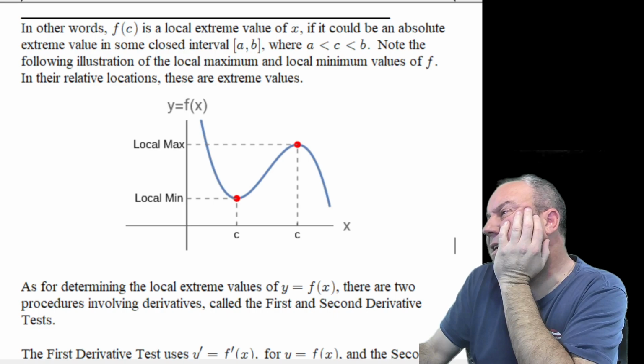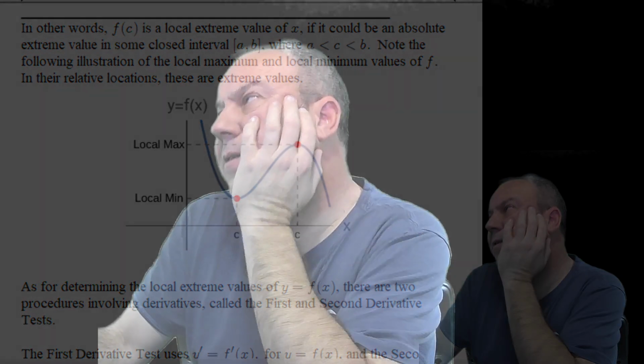Folks, that is functional analysis. Those are all the little parts that calculus provides us with. It all involves analyzing the slope of the line tangent to the curve.